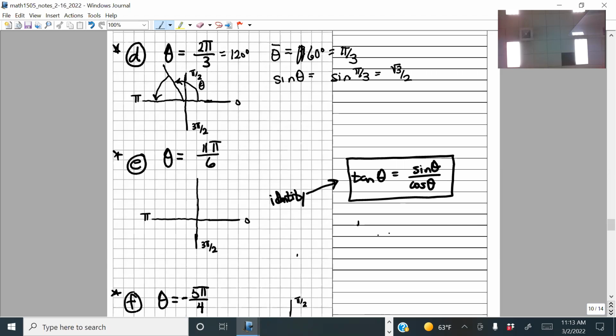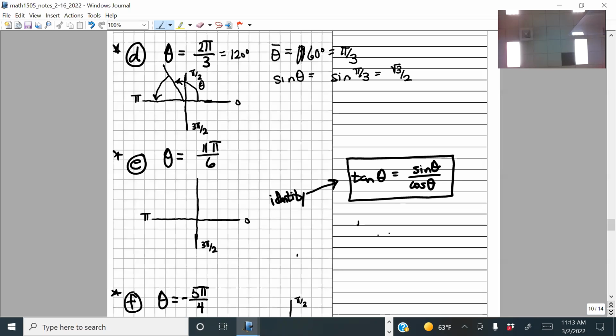What does 11 pi over 6 look like anyway, and what's the reference angle for that? What does minus 5 pi over 4 look like, and what's the reference angle for that? Sometimes it's tricky for negative angles. Reference angles are never negative.